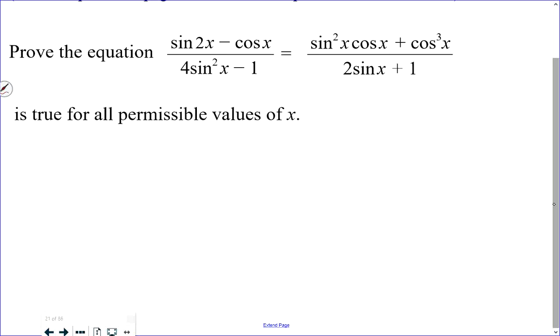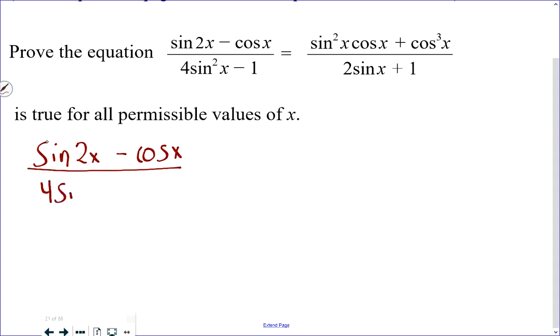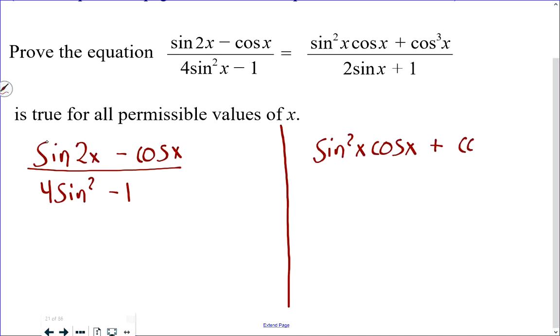But let's rewrite it. Sine of 2x minus cosine of x. This is the left side, over 4 sine squared x minus 1. The other side, I'll just draw a line down the middle of the page. I don't know how much space I'm going to need. Is sine squared x cos x plus cos cubed x over 2 sine x plus 1.